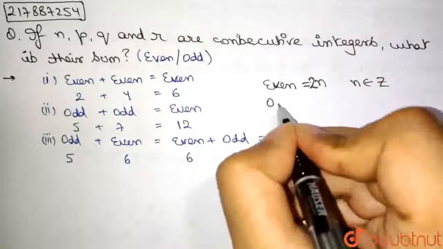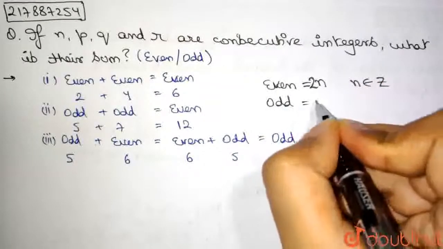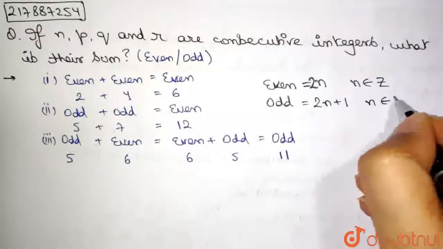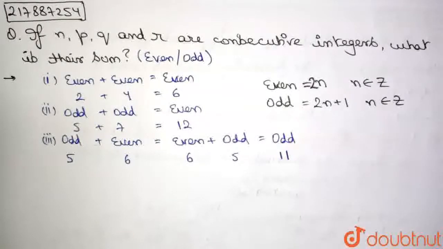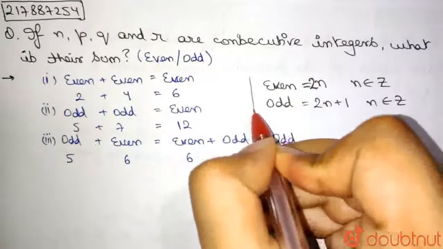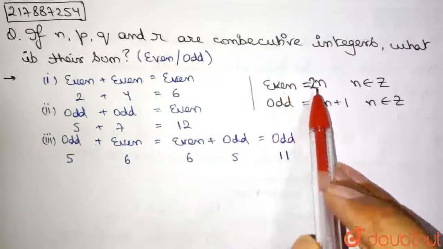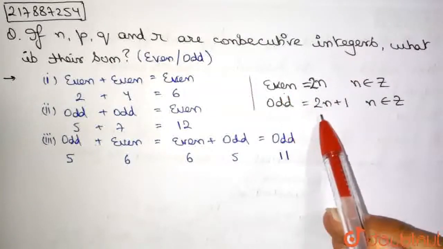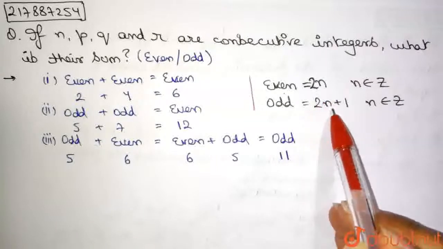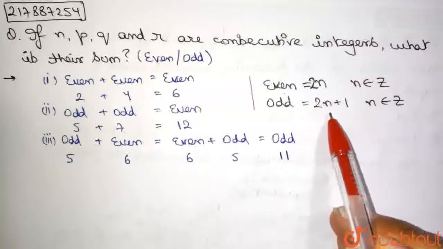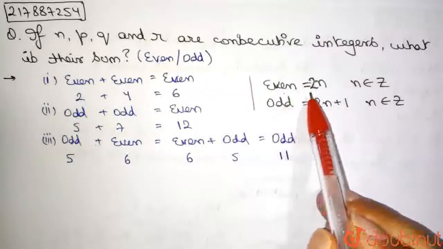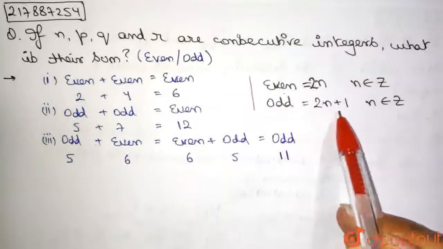And odd numbers are of the form 2n plus 1, where n belongs to Z, so n is also an integer. That means even numbers are always divisible by 2, whereas odd numbers are never properly divisible by 2, because there will always be a remainder left. So even numbers are of the form 2n and odd numbers are of the form 2n plus 1.